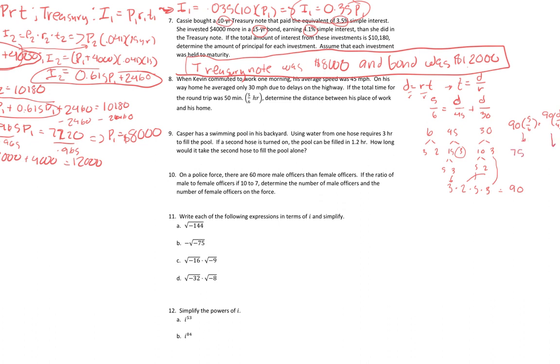This term, and I'll put the equal sign, this term will simplify down to give us 2d. And this term, and we'll have a plus, will simplify down to give us 3d. So then if we combine these like terms, the d's, we'll have 75 is equal to 5d, or d is equal to 15 miles.